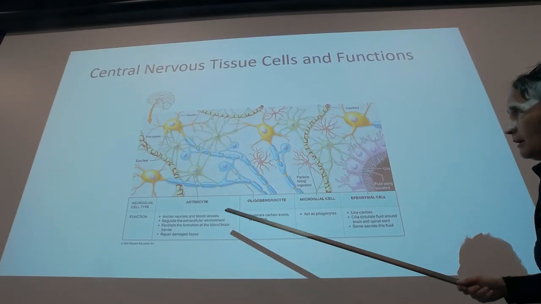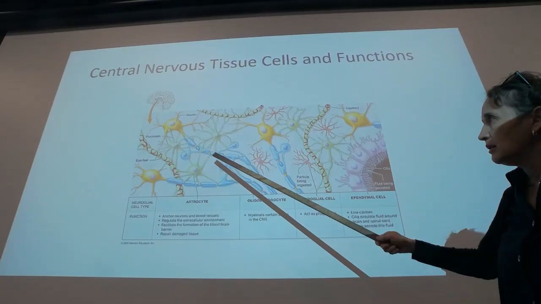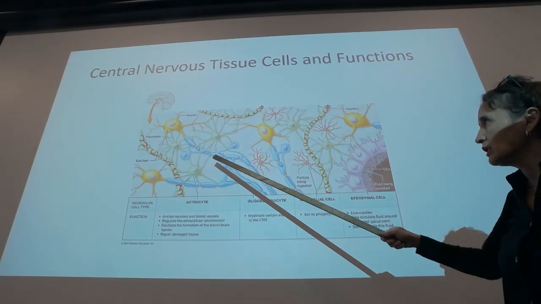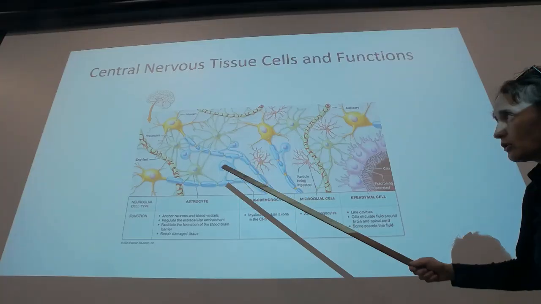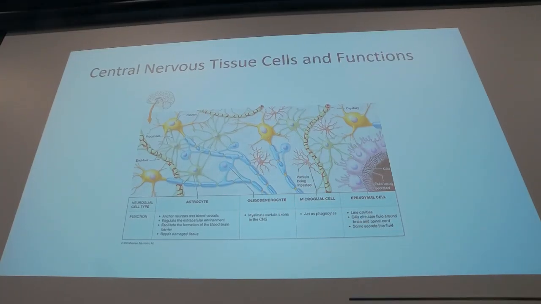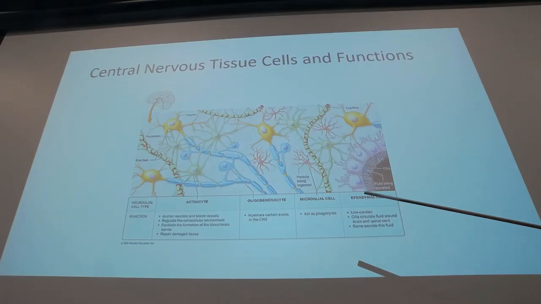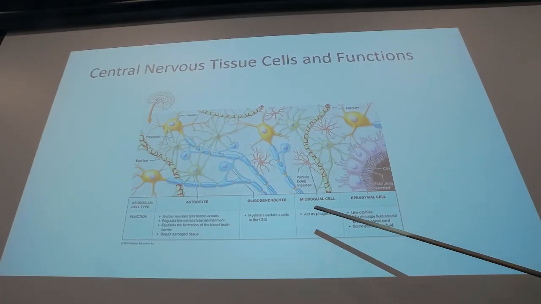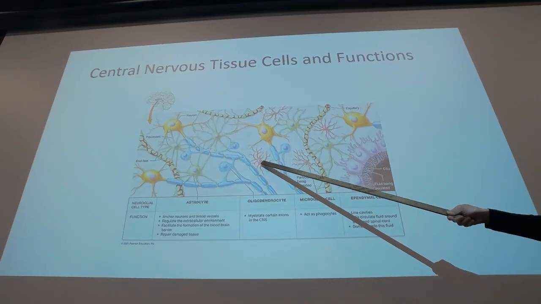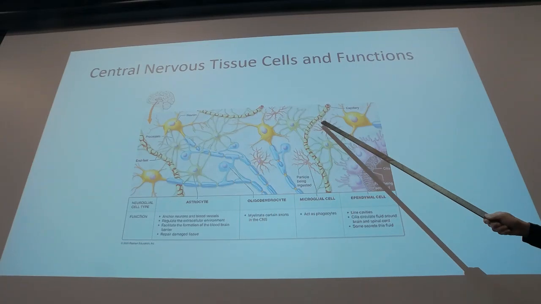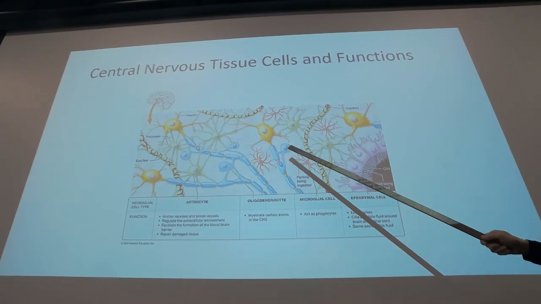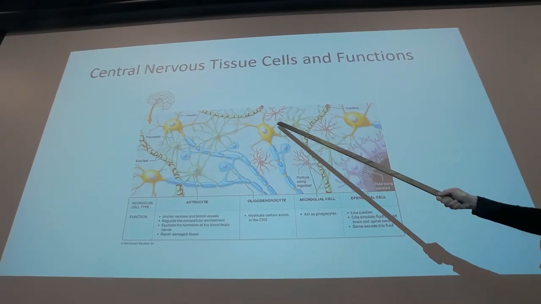And then here we have either Schwann cells or oligodendrocytes. Oligodendrocytes myelinate multiple neurons, while the Schwann cells myelinate only one single neuron at a time. And these are microglia. These are the ones that eat debris and bacteria.